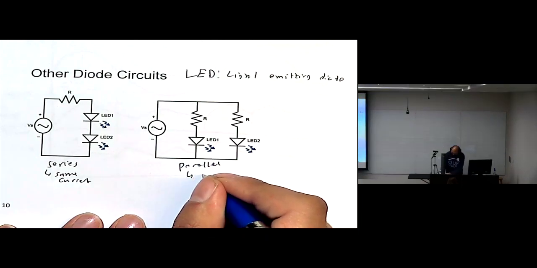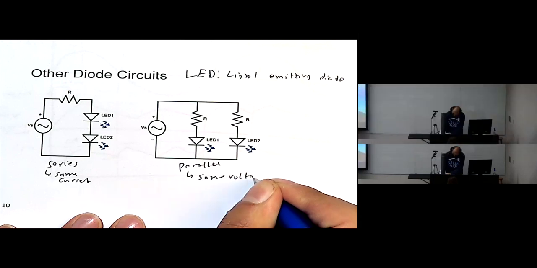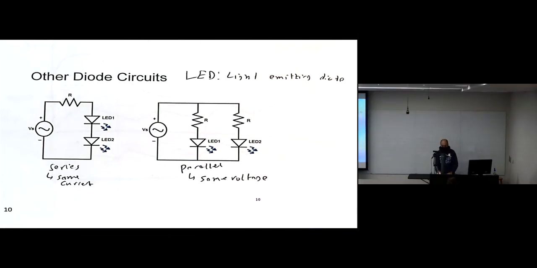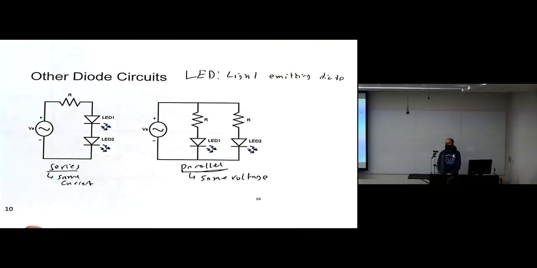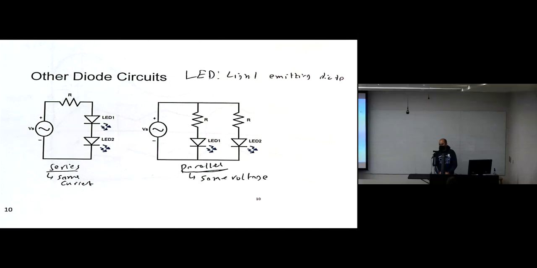And the advantage is that they are sharing the same voltage. So can anybody tell me what's the better connection? To connect them in parallel or in series? Parallel. Why? Can anybody tell me why?